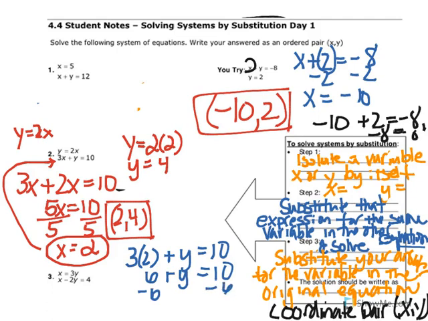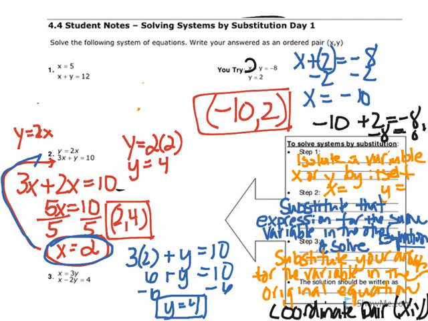Subtract 6, and you get y equals 4. Ha ha! So it doesn't matter. Once you've solved one of these, if you plug it back into the other equation, you'll get the same answer either way, because math is cool. Okay? That is very cool. You can use either equation, you'll get the same answer.